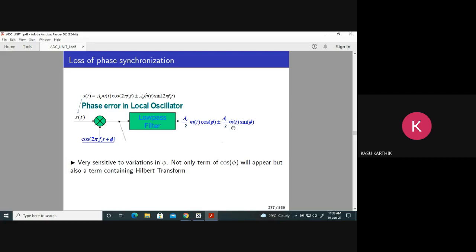Is it okay? So not only does the term of cos theta appear, but also a term containing the Hilbert transform. In SSB, if there is a phase mismatch, this is a problem. It is more severe compared to DSBSC.